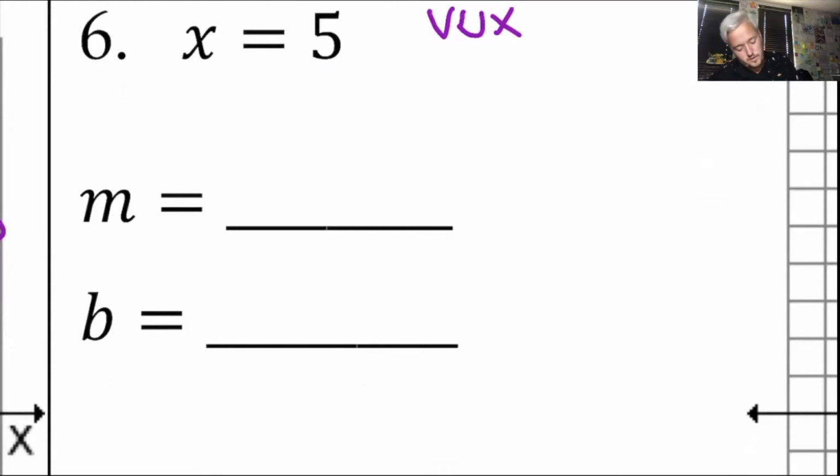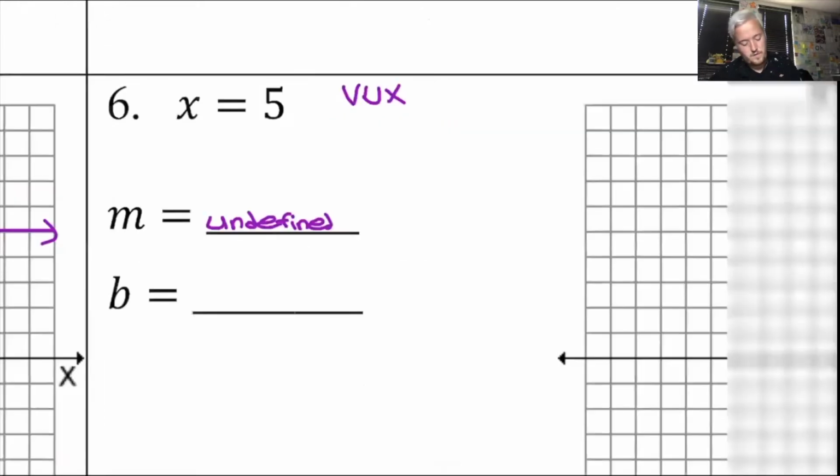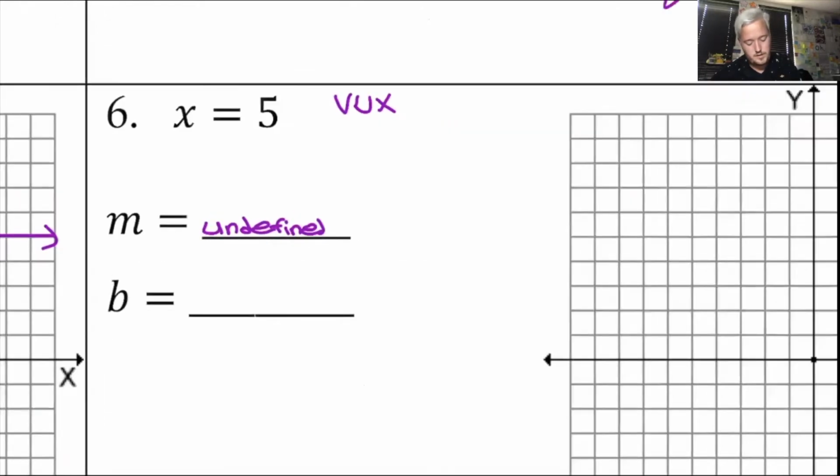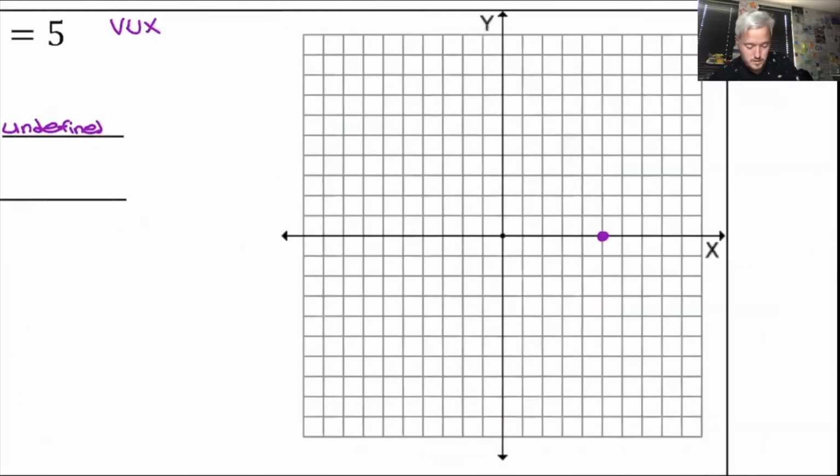So our slope here is going to be undefined. I want to go to positive 5: 1, 2, 3, 4, 5. Hopefully I can count. Everything's fine. I only teach math. So it's a vertical line that passes through 5.